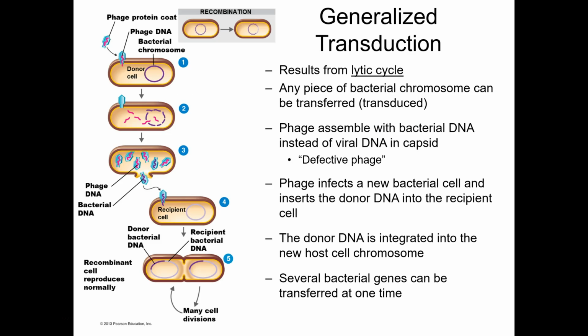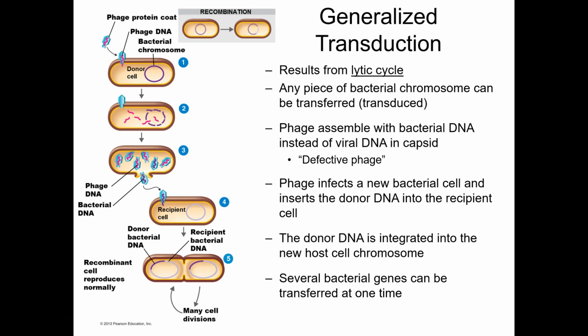Okay, so, refresher on generalized transduction. This is the movement of DNA from one bacterial cell to another by a lytic phage. So this is the consequence of a lytic cycle. And again, this is where something goes wrong during the lytic cycle.